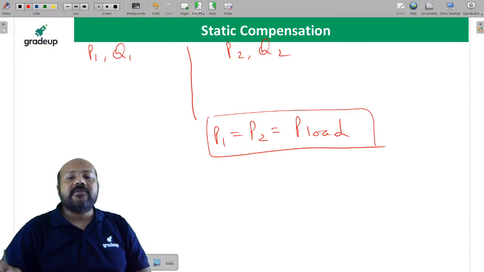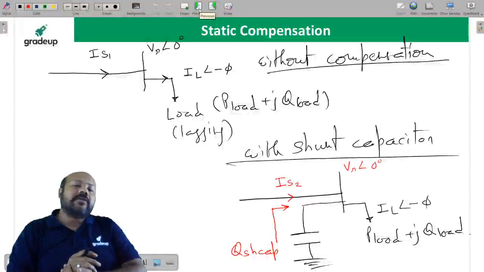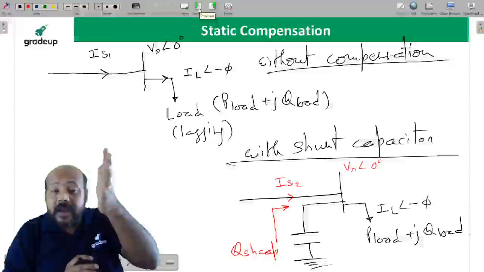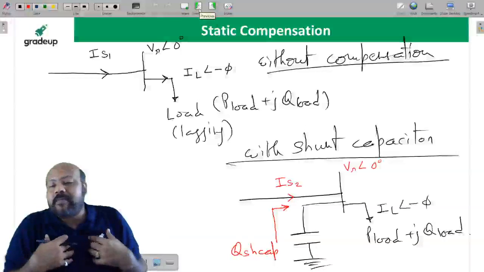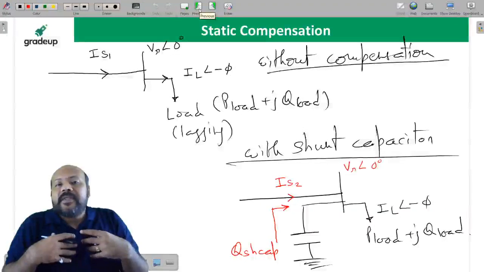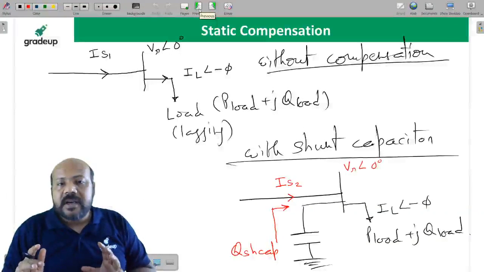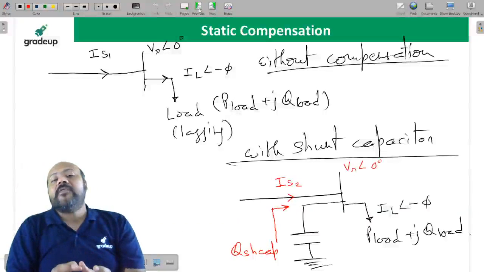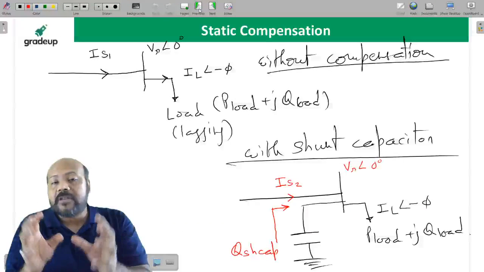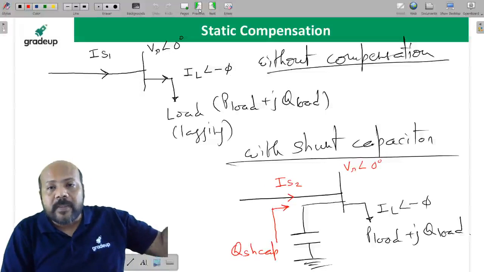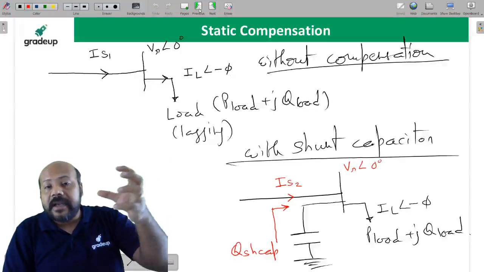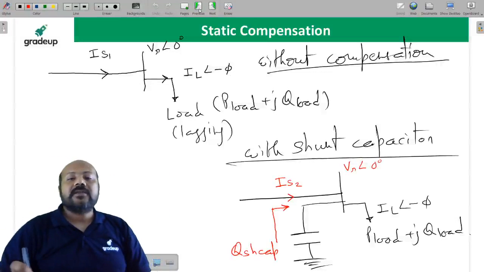The reason is when you are connecting the shunt capacitor to the receiving end, there is no real power exchange. This is a pure capacitor. Pure capacitor means there is no real power exchange. It means whatever requirement of real power is there at the receiving end because of the load, it is being supplied by the sending end.